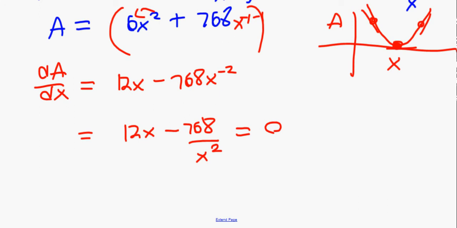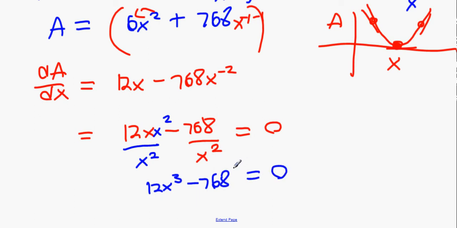We're going to get a common denominator here, so we need to multiply the bottom by x squared and the top by x squared. So we're going to get 12x cubed minus 768, all equal to 0. Move the 768 over the other side, so I'm going to get 12x cubed equals 768.